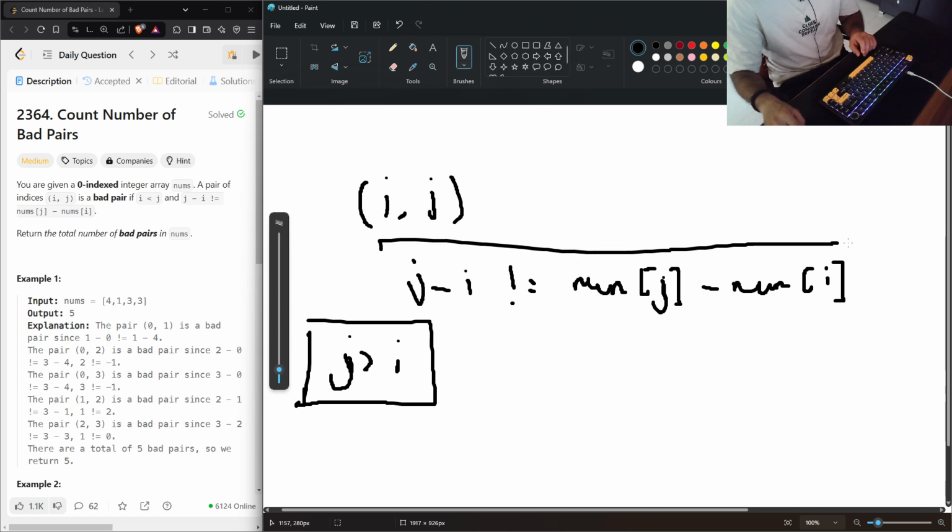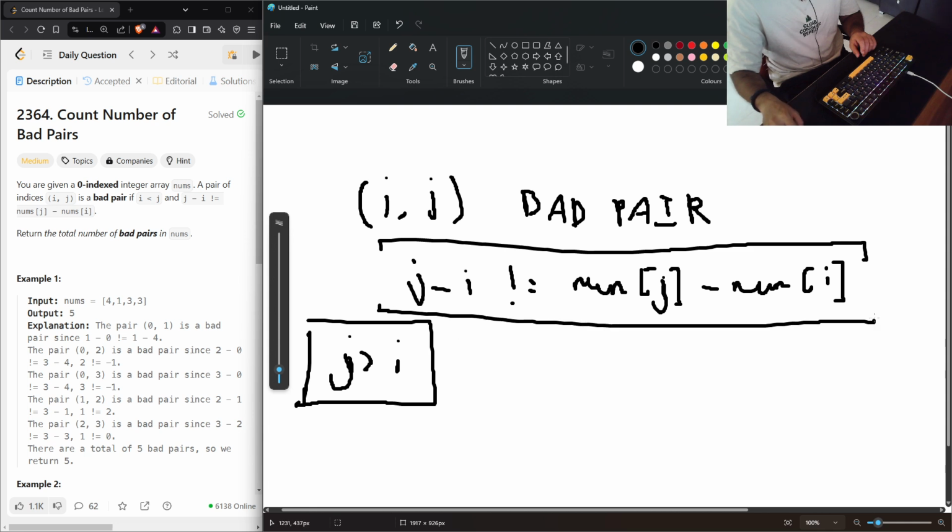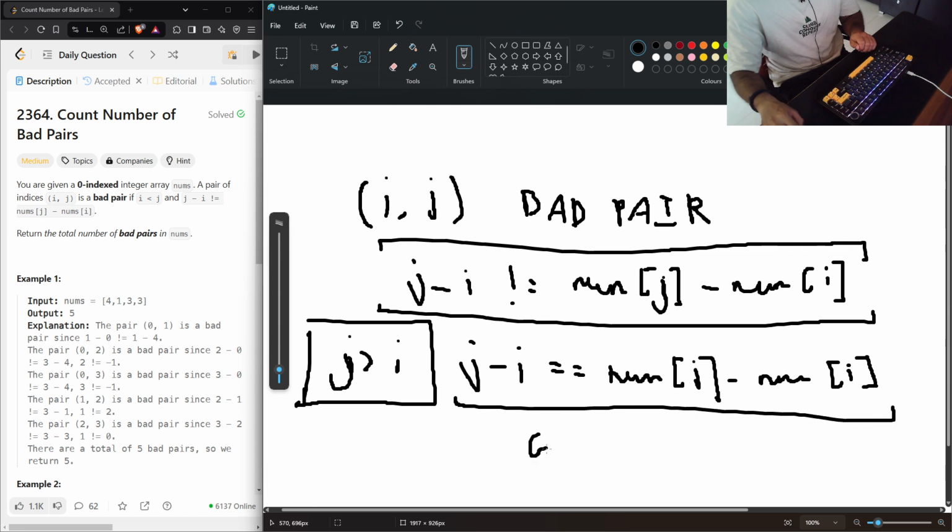So if this is a bad pair, then the pairs where j minus i is equal to nums[j] minus nums[i], what are these pairs? If that is a bad pair, the cases where they are equal are nothing but the good pairs. These are the good pairs.